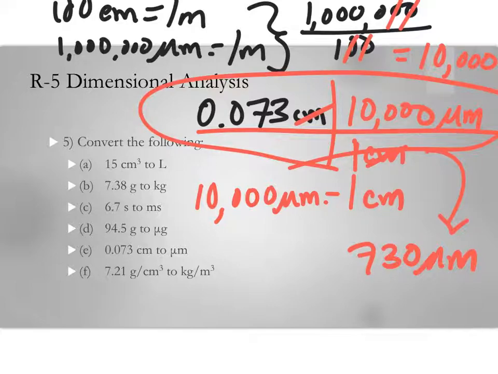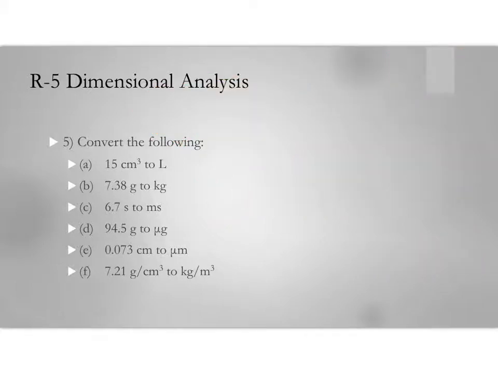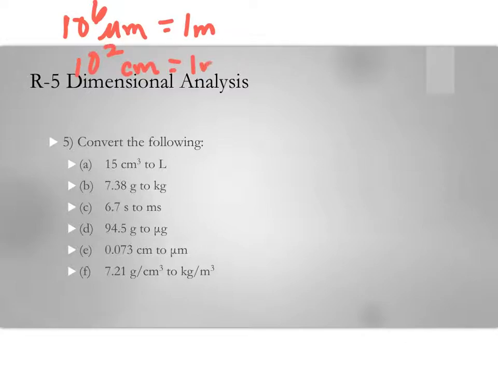Now, there's scientific notation. You might look back at that previous slide and see that there's 10 to the 6th micrometers in a meter. There are 10 to the 2nd centimeters in a meter. And you can do the same thing.